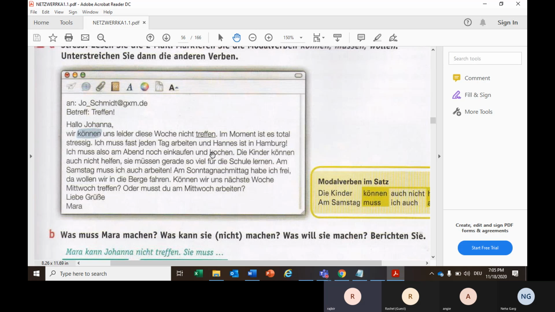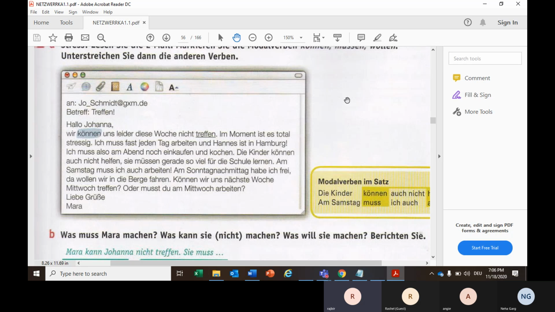Ich muss fast jeden Tag arbeiten und Hannes ist in Hamburg. Ich muss also am Abend noch einkaufen und kochen.